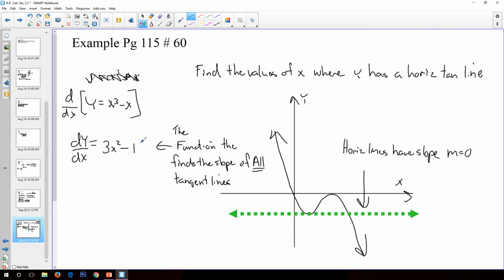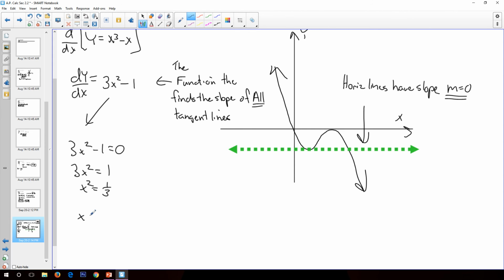So if I set it equal to a value, that will find all of the x values that have a tangent line with that slope. In this particular case, we're looking to find where the slope is equal to 0. So I'm just going to go 3x squared minus 1 equaling 0. I bring the 1 over, that'll give me 3x squared equaling 1. Then I go x squared equaling 1/3.